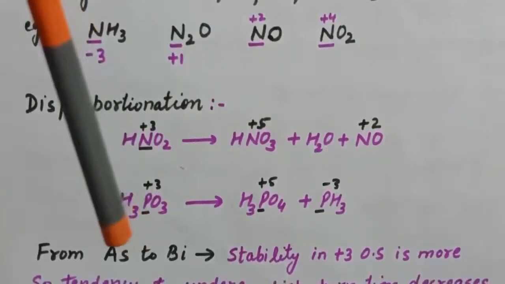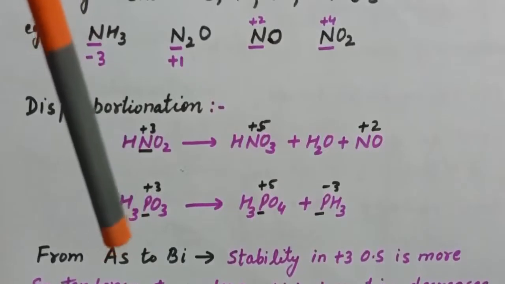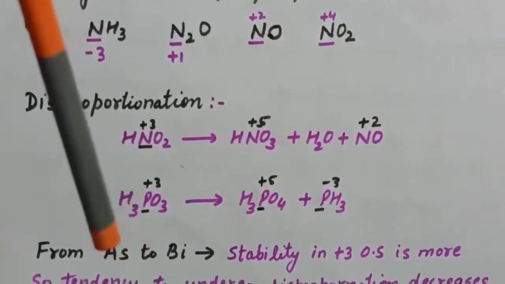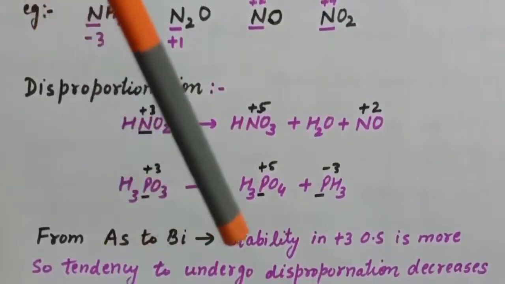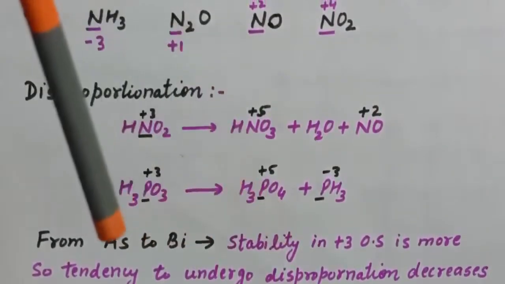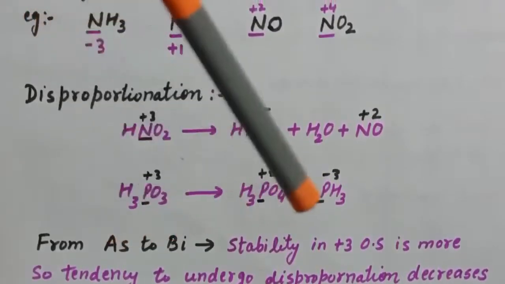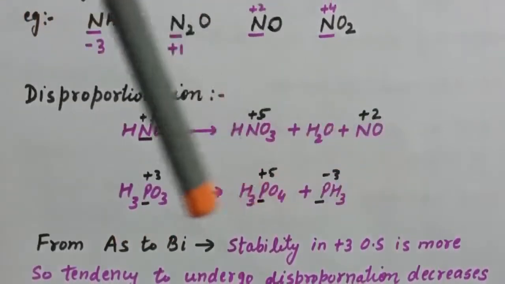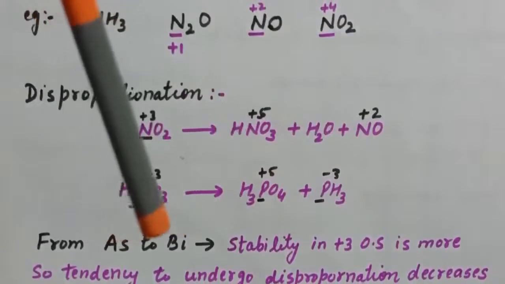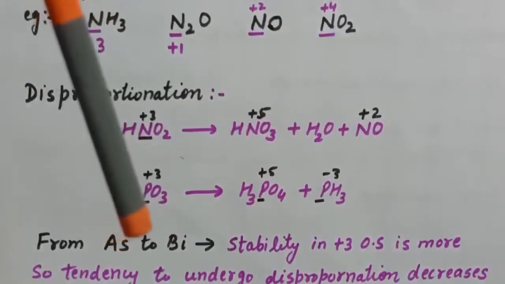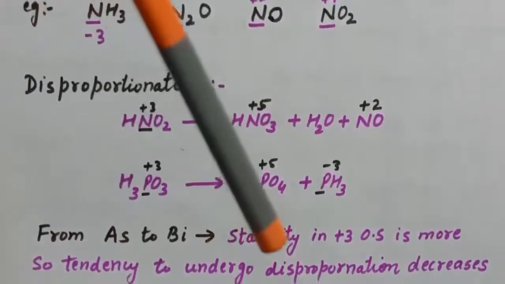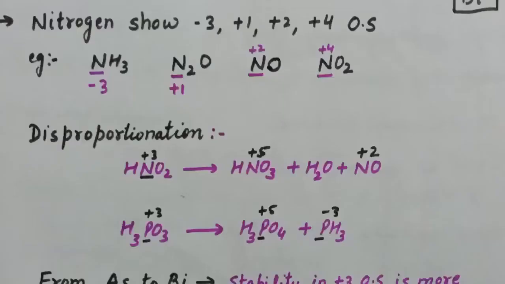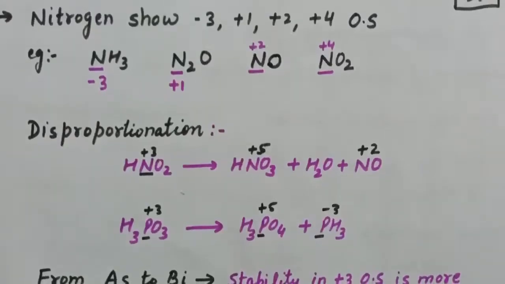So a compound in which the oxidation state of arsenic is +3 has less tendency to undergo disproportionation, because in arsenic, antimony and bismuth, +3 oxidation state is more stable. Therefore, if the element is present in +3 oxidation state in a compound, the tendency to undergo disproportionation decreases. So this is all about oxidation state.